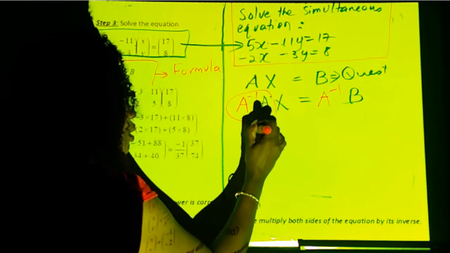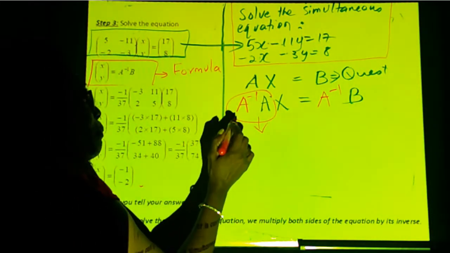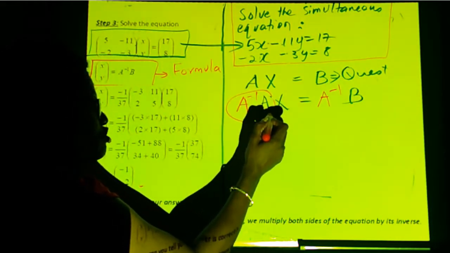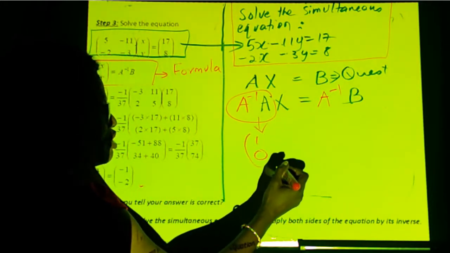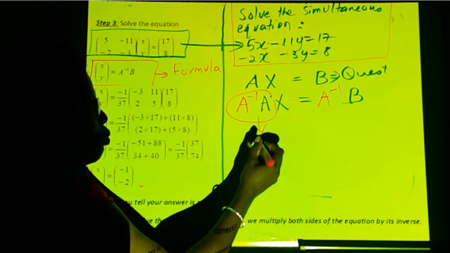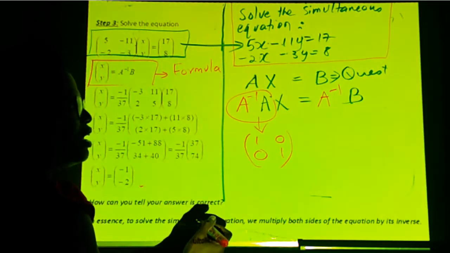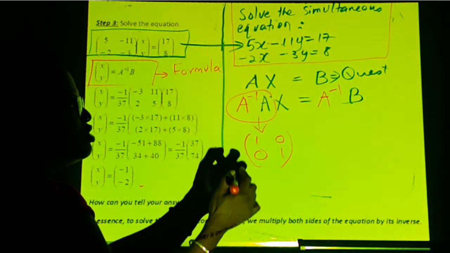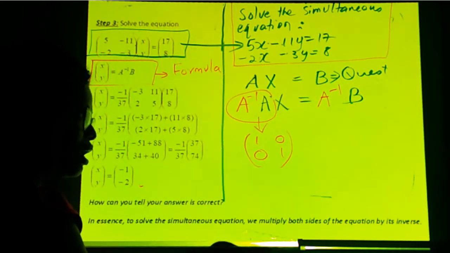Now, this is an important concept. If I multiply the inverse by its original matrix, I will get the identity matrix. And remember what that is? 1, 0, 0, 1, which behaves like 1 in ordinary multiplication. So if I multiply these two and it gives me 1, then 1 times x gives me x.